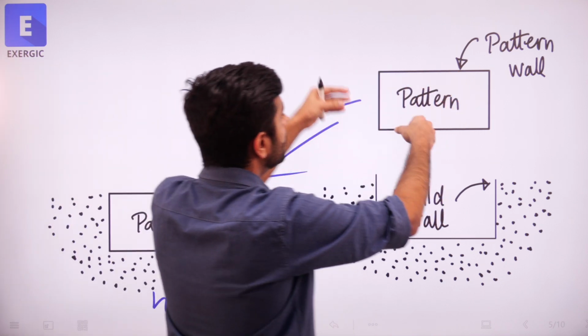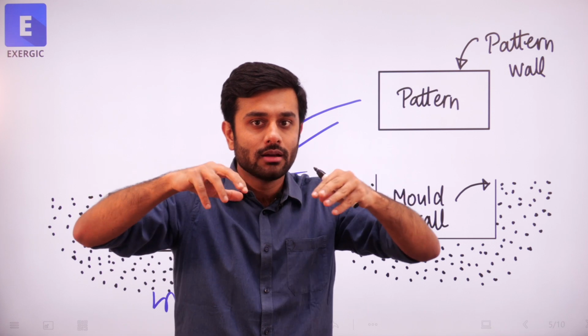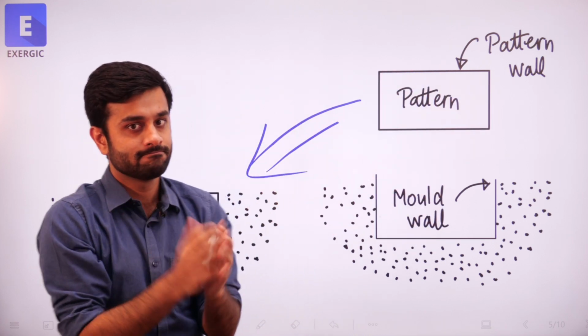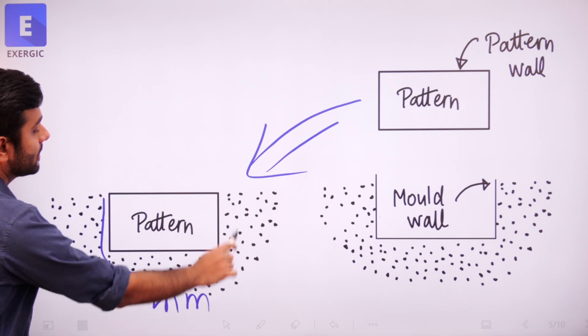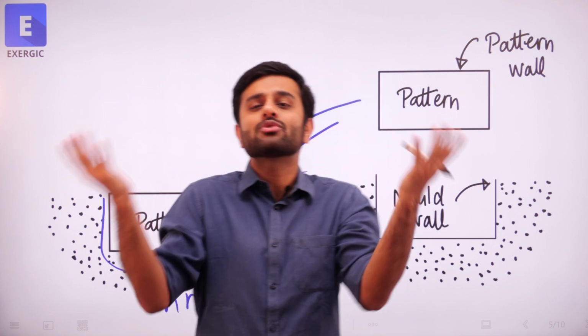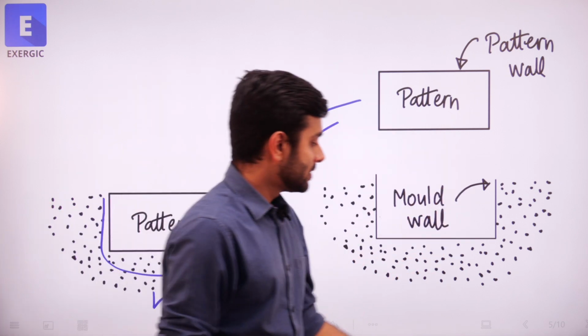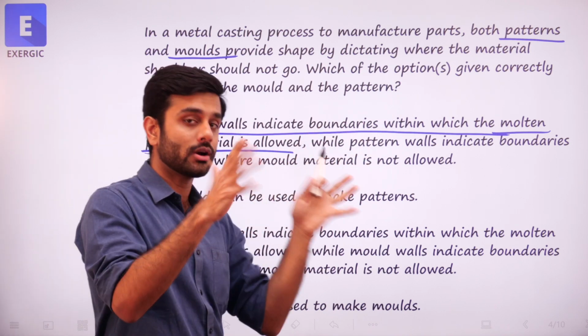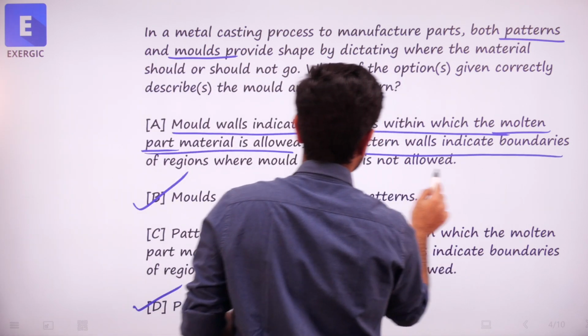It is representing that when you are adding mold material, where the pattern wall exists, there mold material is not allowed, right? So the mold material can stay, can come in the locations outside of the pattern wall, obviously. So this option also is correct, that pattern wall indicates the boundary where mold material is not allowed. So both of the statements are correct.